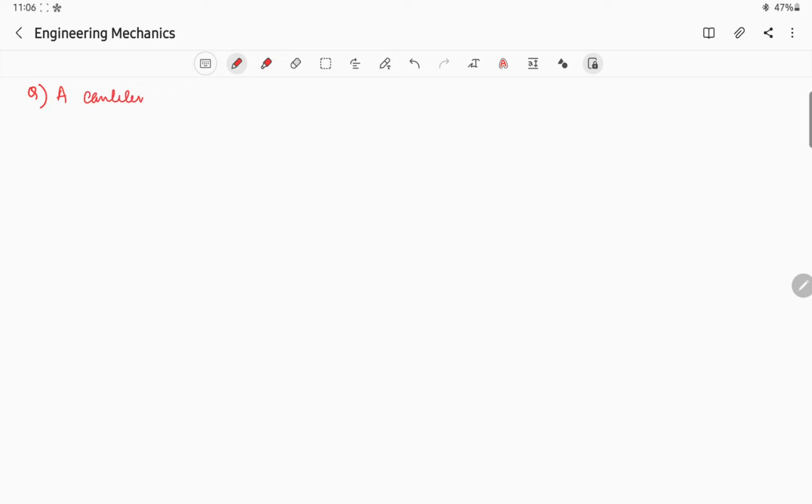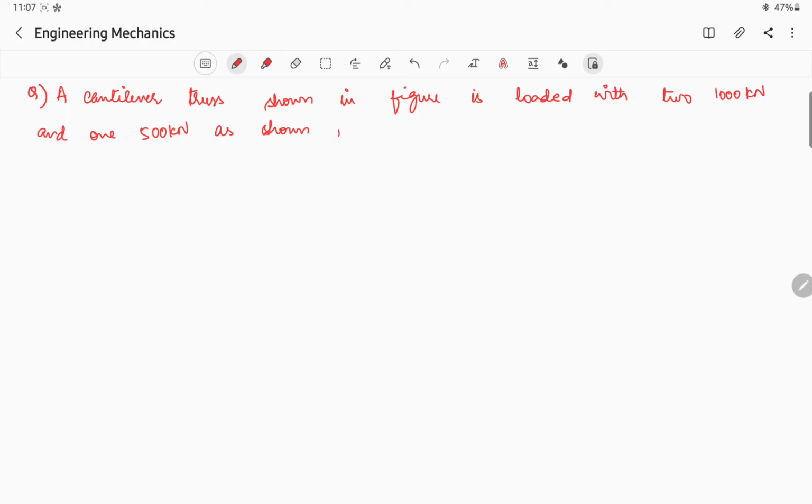A cantilever truss shown in figure is loaded with 2000 kilonewton and 1500 kilonewton as shown in figure.